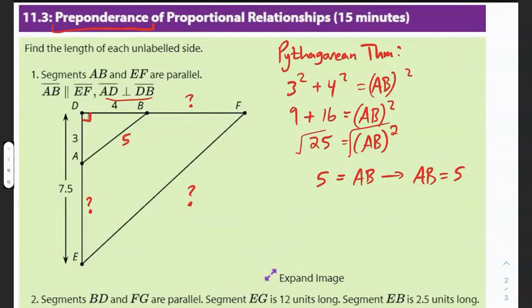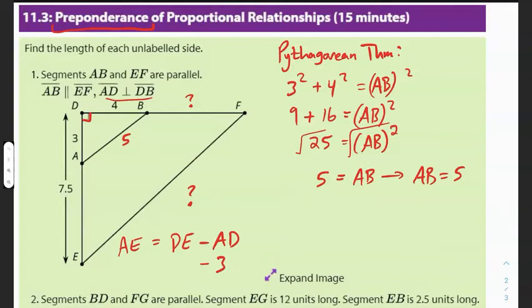Let's find AE. Okay, let's go ahead and get AE. I notice that DE minus AD will give us AE, right? Because we already have the smaller part, which is AD or DA, which is 3.